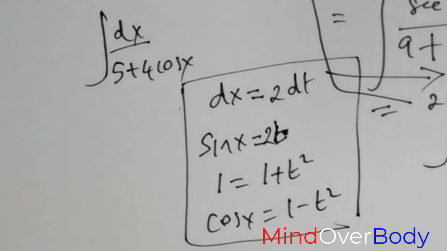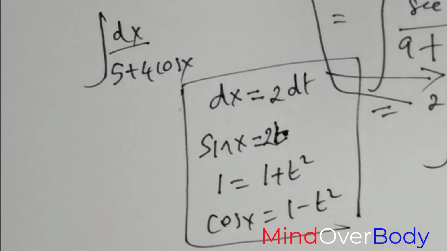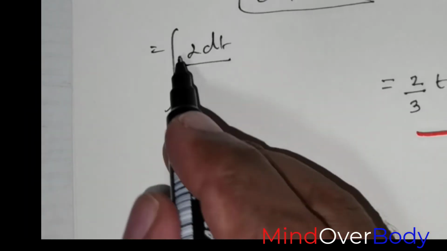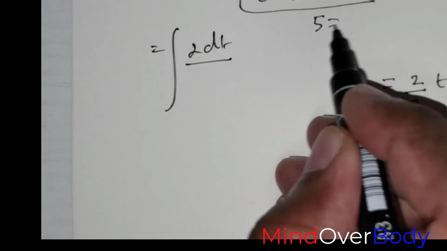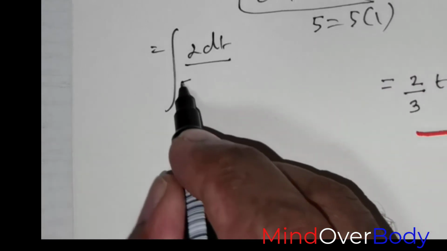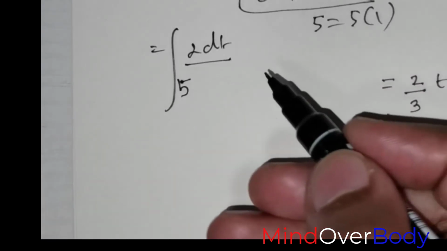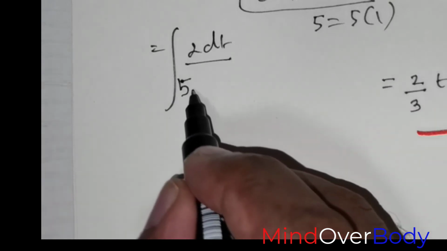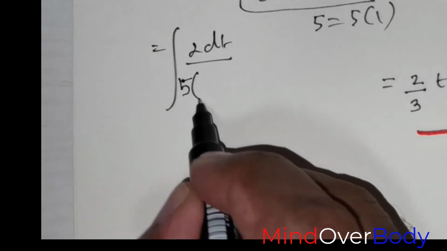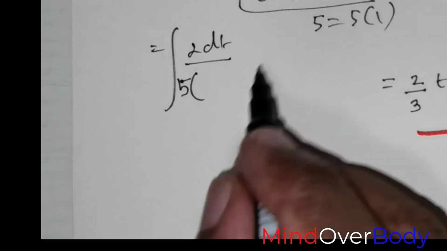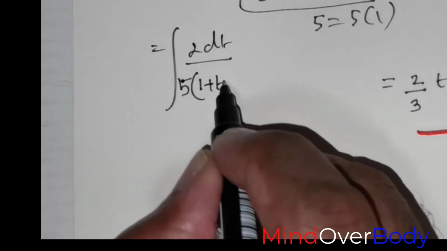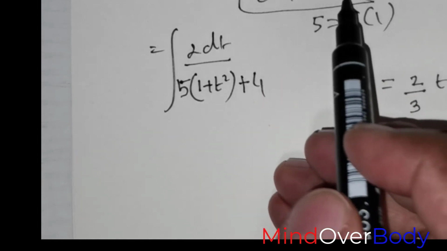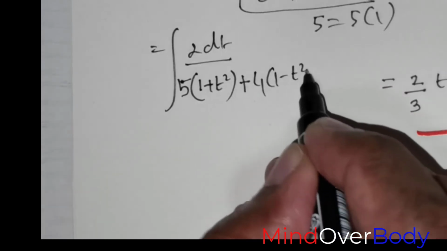So with that, I am going to rewrite dx as 2 times dt, and 5 is actually 5 times 1, right? So 5 is written as 5 times 1, so there is a 1 there, so I will place a parenthesis and write 1 plus t squared, followed by 4 times cos x, which is 1 minus t squared, right?